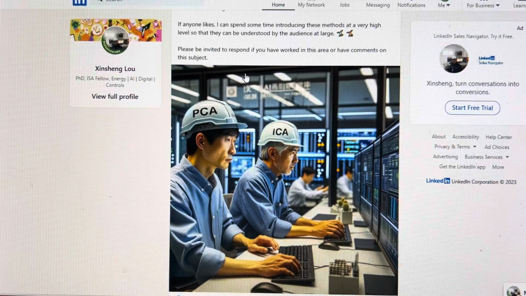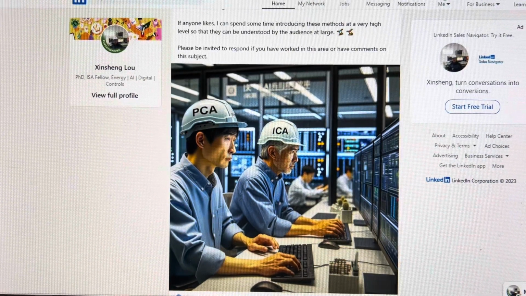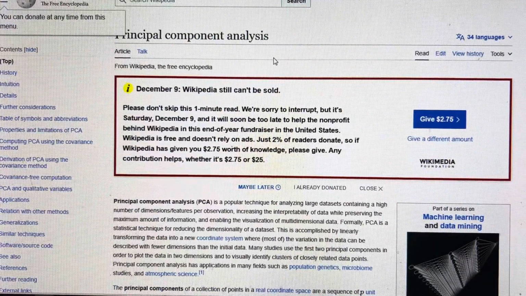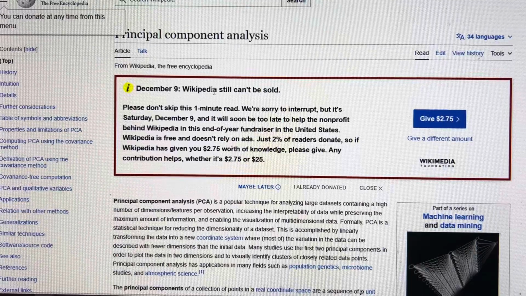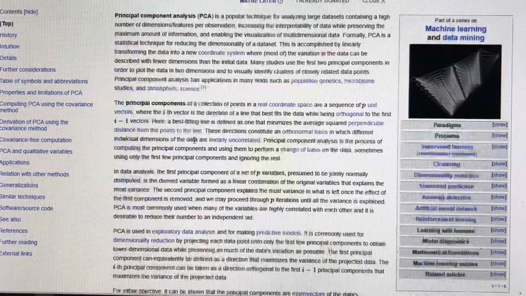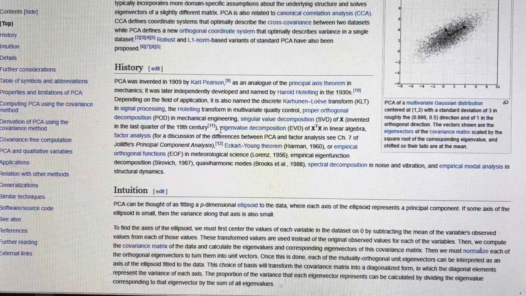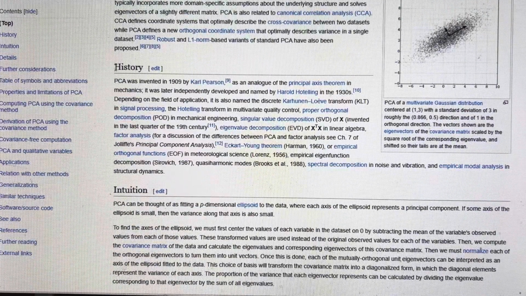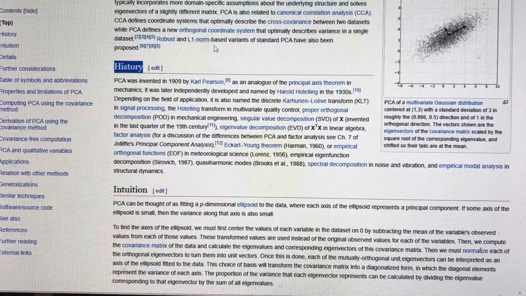So what is PCA? I would recommend you look at Wikipedia. Typically they give you a pretty good explanation, with details, not to the deep mathematics level, but also what I really like is the history that Wikipedia can always provide.